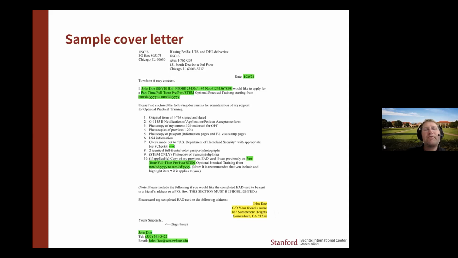And so for students who are, let's say, moving out, then they're going to be using a trusted friend or a family member's address to mail out those applications. So the address at the bottom that's highlighted in yellow is the space where you would put where you're asking USCIS to mail your EAD card to. That's not your own current address.